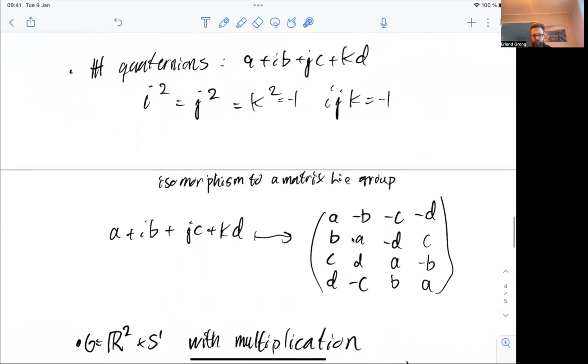The quaternions are quadruples of numbers like this, where the elements i, j, and k satisfy these relationships here. You can of course also see that as a matrix group of these types of matrices, but it's easier to just consider these numbers here rather than this enormous matrix right here.